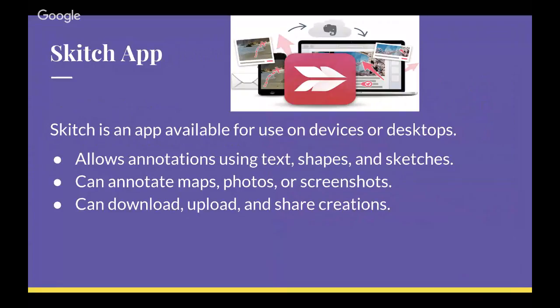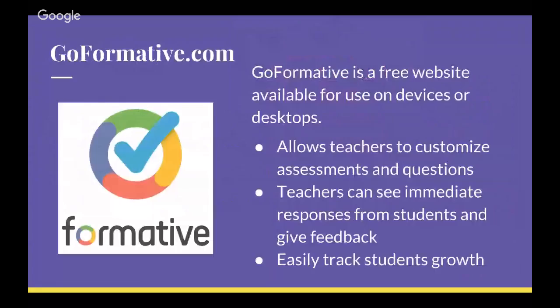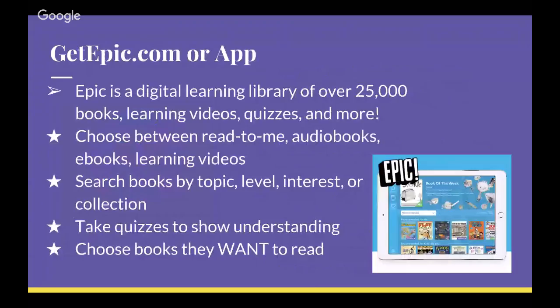The second website we'll look at today is GoFormative. It is a free website available for use on devices or desktops. It allows teachers to customize assessments and questions. Teachers can see immediate responses from students, give feedback, and easily track student growth. And then we have Get Epic. It can be a website, getepic.com, or the app is very user-friendly for the students.